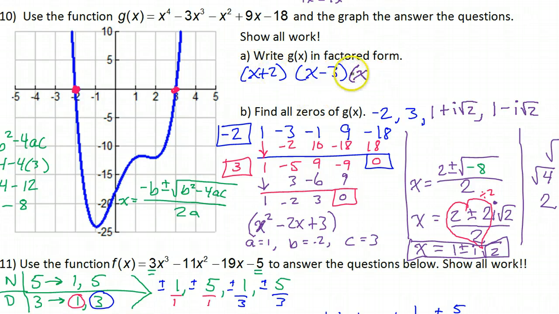So it must be included among our factors: x squared minus 2x plus 3. This would be the factored form. Notice now we have our x to the 4th power because there's x, x, and then 2 more x's, a total of 4. So just a little way of checking. That's it for number 10.